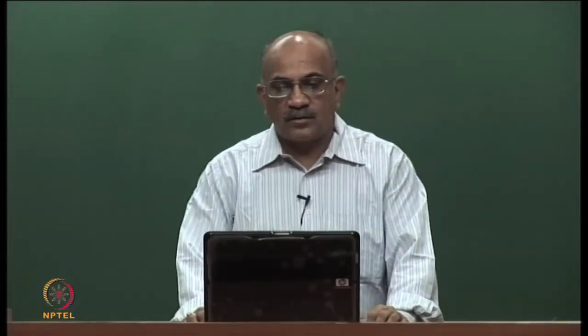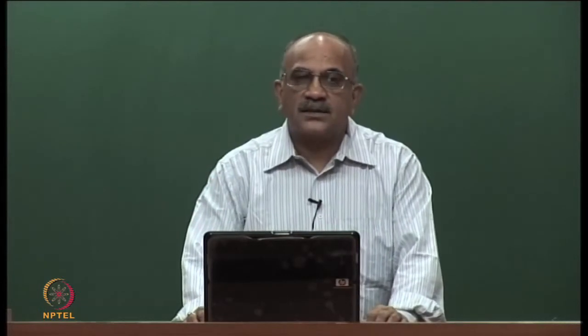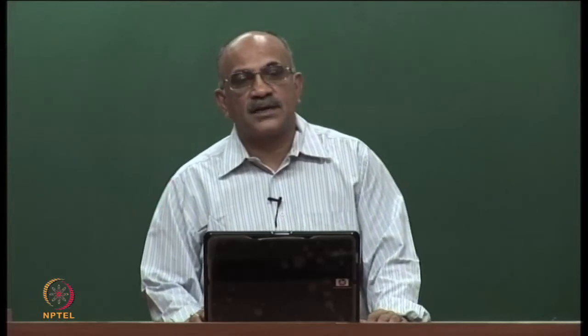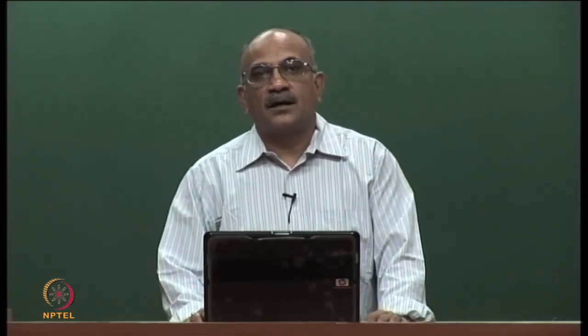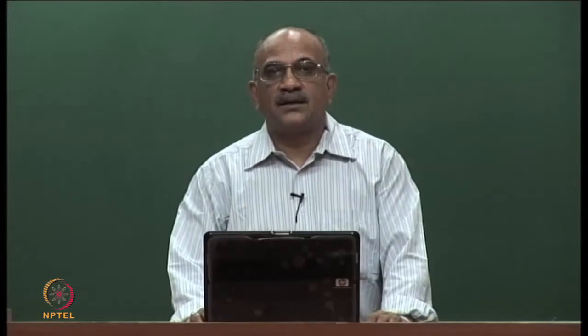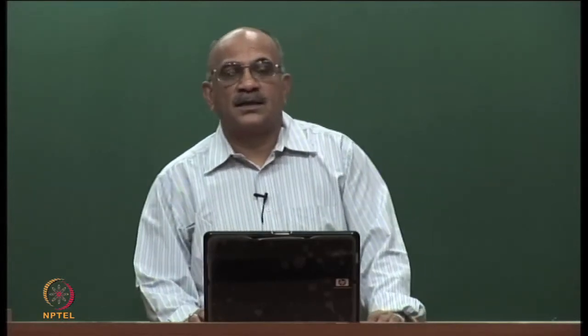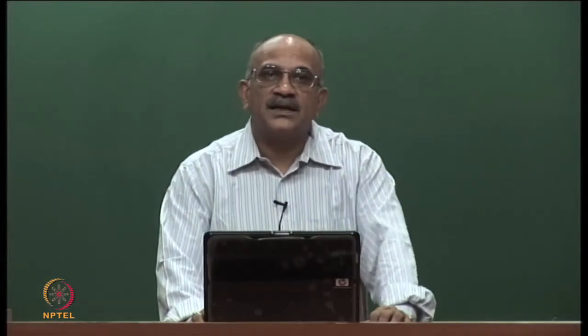Today, what we have done so far is try to give you an introduction to the subject of nanoscience and nanotechnology. We tried to explain what this small size brings about in terms of properties: the variation in electronic properties, a variation in mechanical properties, and variation in properties which depend on surface, like catalysis and reactivity.